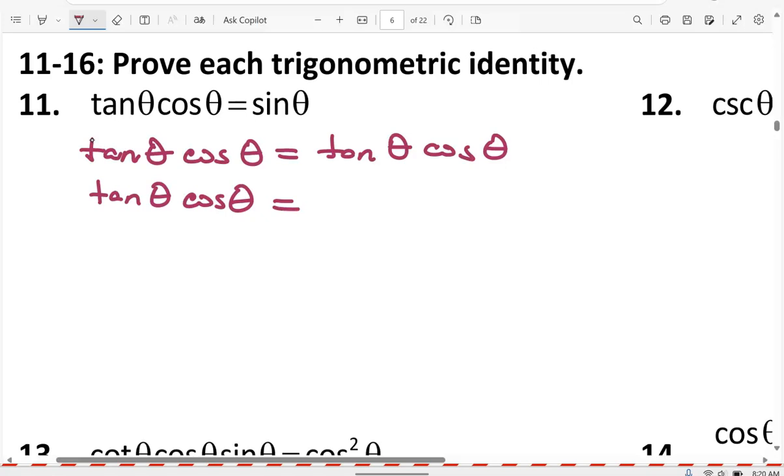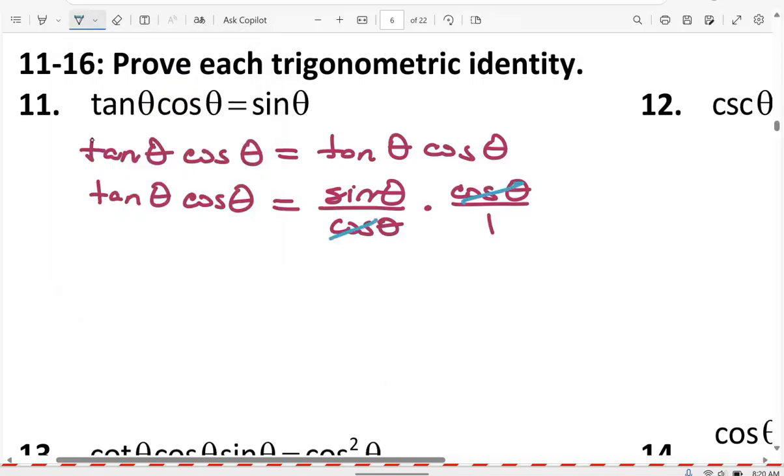A good strategy is to re-express any trig functions in terms of sine and cosine. So tangent of theta can be re-expressed as sine of theta divided by cosine of theta. And cosine of theta can be written as cosine of theta divided by 1.